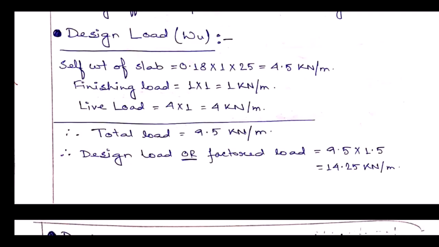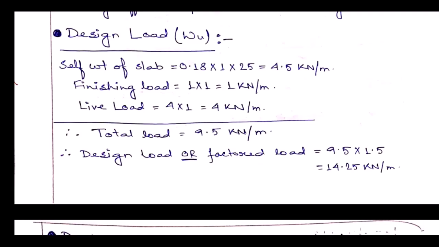Now live load is given 4 kilonewton per meter square in question. So live load is 4 into 1, that is 4 kilonewton per meter. This is multiplied by 1 meter width, which is in consideration. So total load will be 9.5 kilonewton per meter.